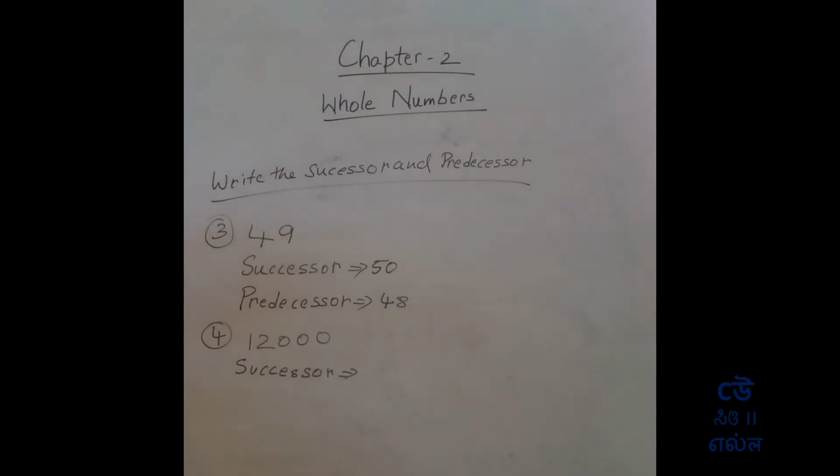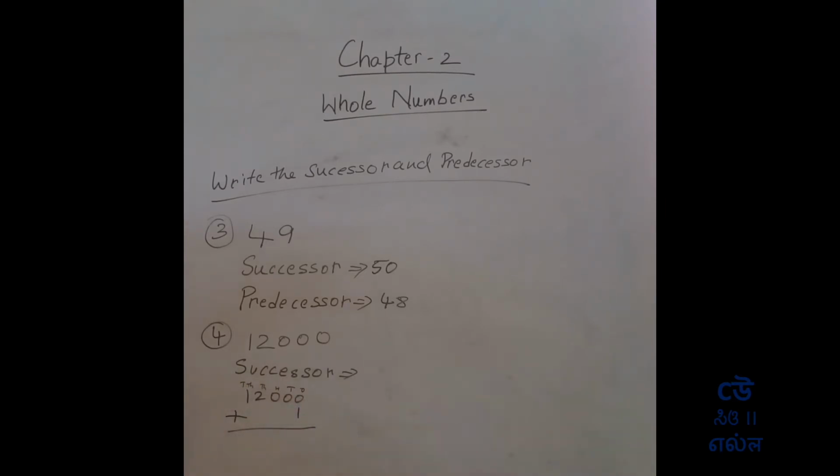Don't write the successor of 12,000 as 13,000. That will be wrong. Next successor number means immediately next number. So if you get confused, you can add 1. So don't add 1 here. You have to add 1 in 1's place. Okay.